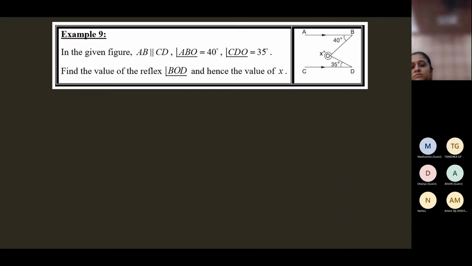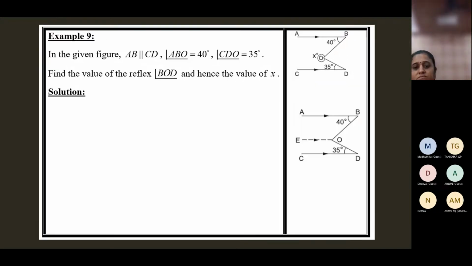Yeah, this is the next one. Take down the question. So this is a question figure. This is the solution figure. This is the question figure.